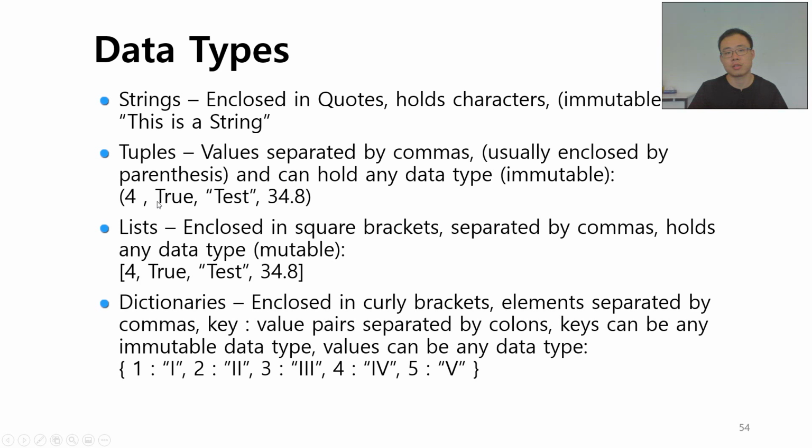And the elements do not have to be numerical. They do not have to be of the same data type. For example, in this tuple, the first element is 4, the second element is a Boolean value. The third one is a compound data type, a string. It's not a letter, it's not a number, it's a string. And the fourth one is a floating number.